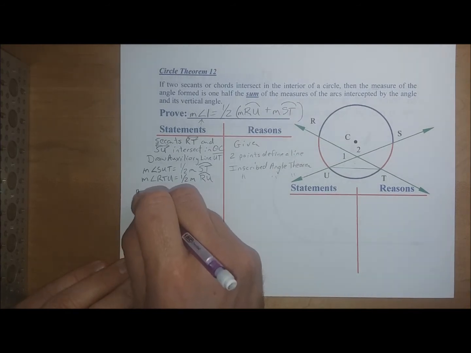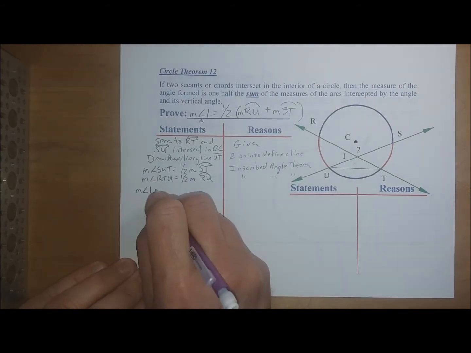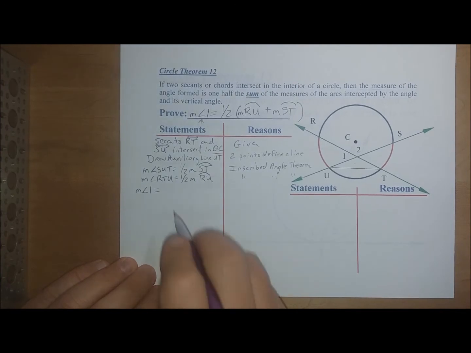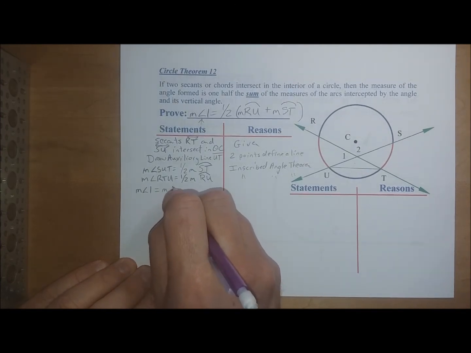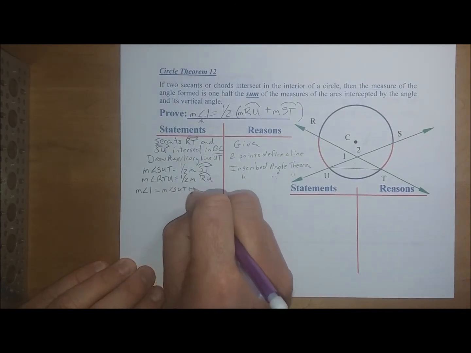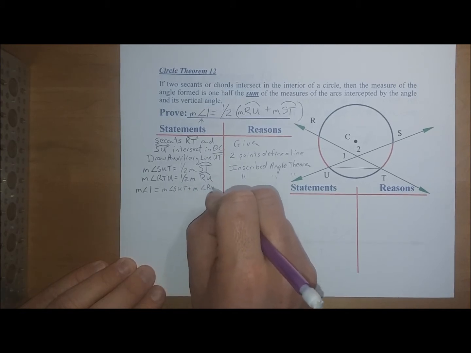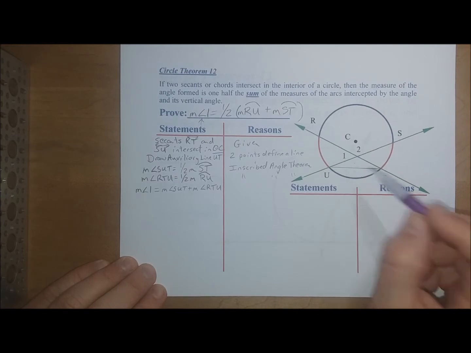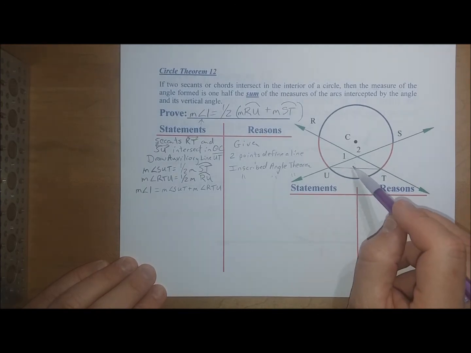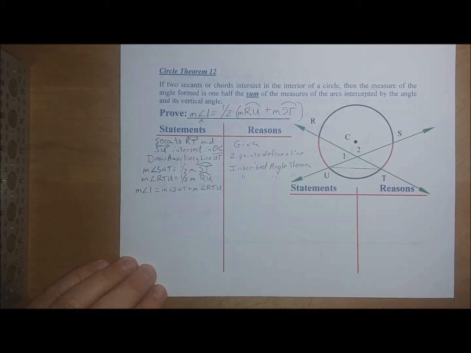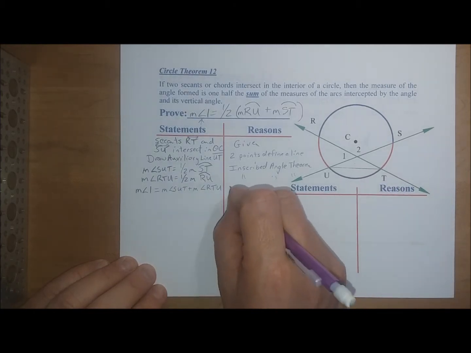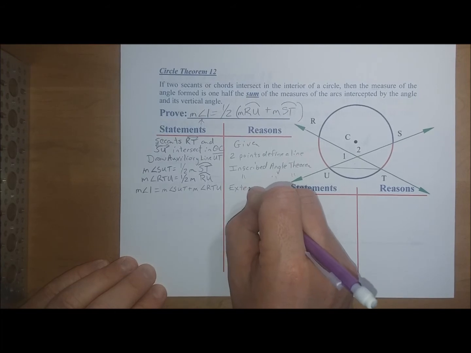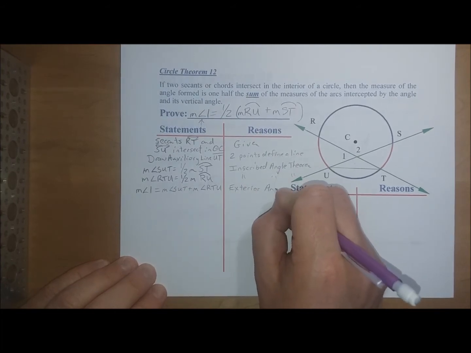We know that the exterior angle, measure of angle 1, is going to equal the measure of angle SUT plus the measure of angle RTU, right? Aren't those the two remote interior angles in that triangle, and the exterior angle always equals the sum of the two remote interior angles. Good. That's our exterior angle theorem.